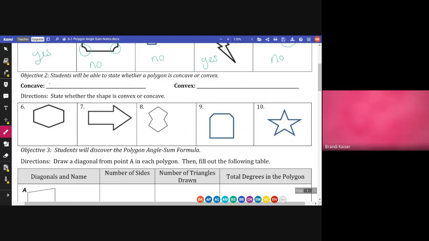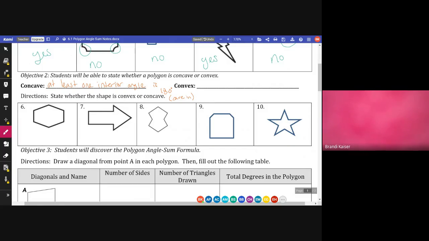Basically, at least one interior angle is greater than 180 degrees.